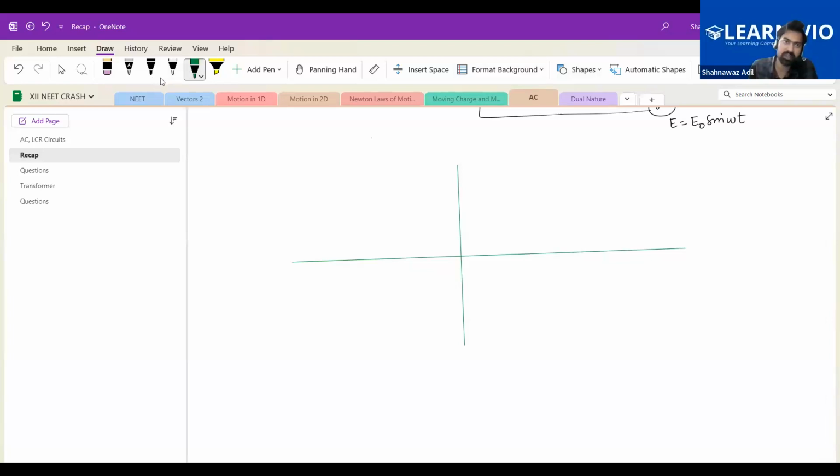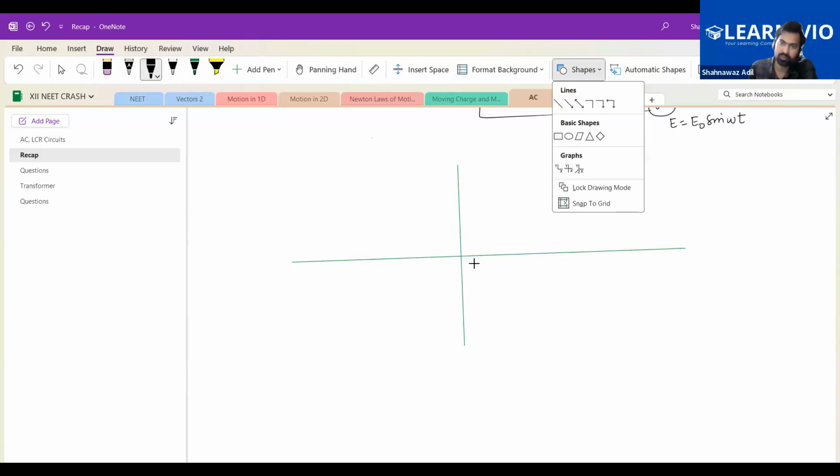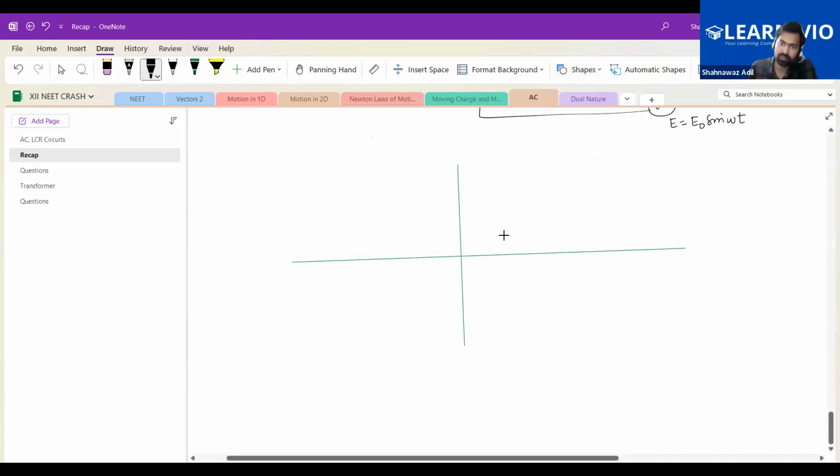So this is the supply voltage, and this is omega t.